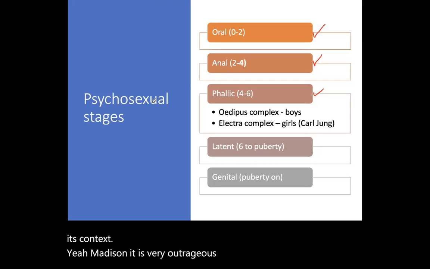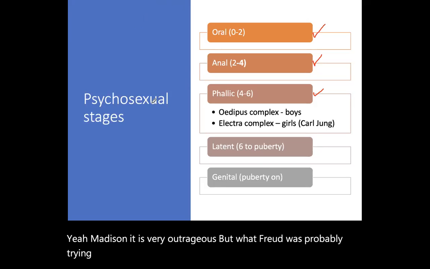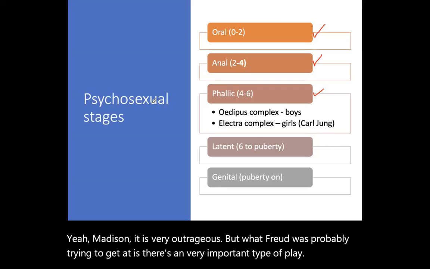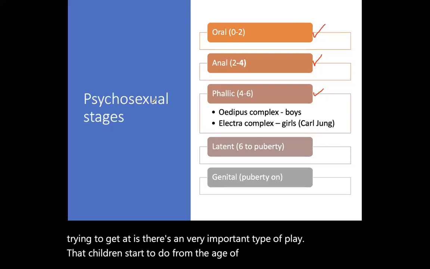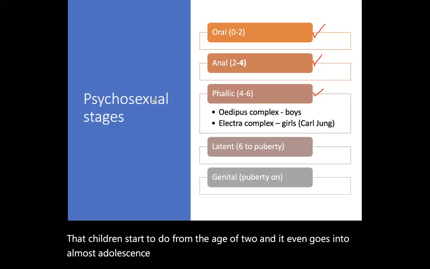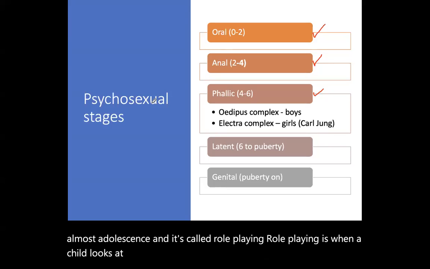But what Freud was probably trying to get at is there's a very important type of play that children start to do from the age of 2, and it even goes into almost adolescence, and it's called role playing. Role playing is when a child looks at adults in their life and takes on their roles.